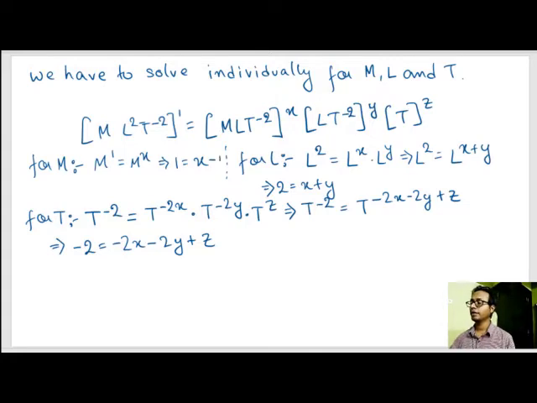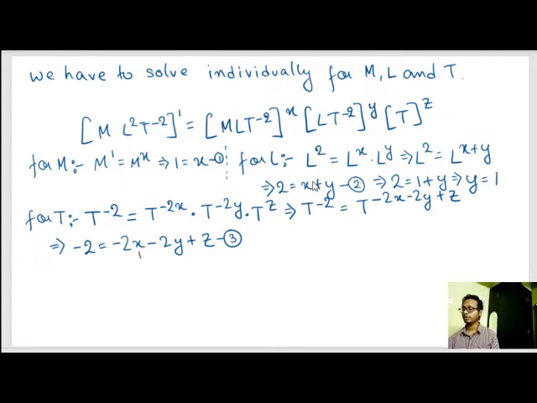This is our third equation. Equation number 1, equation number 2, equation number 3. Now from equation number 1, we already know that x equals 1. If I substitute x equals 1 in equation number 2, 2 is equal to x plus y, so 2 is equal to 1 plus y, or y is equal to 2 minus 1, which is 1.